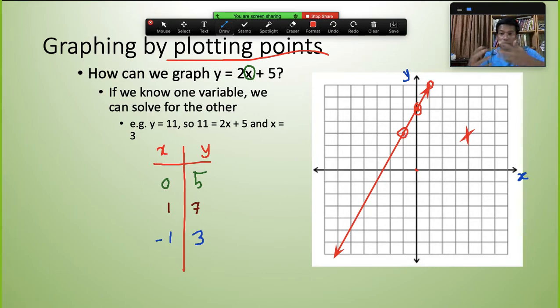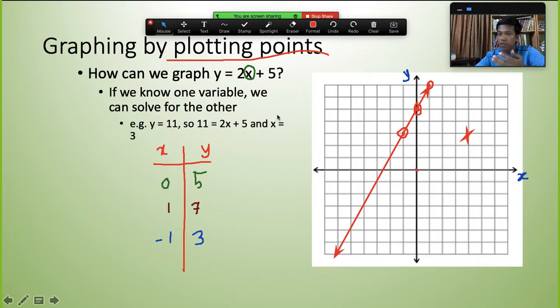If 3 points are not making a straight line, since this concept says it must be a straight line because the power of x and y is 1, 1, then it must be a straight line, but it is not. You can understand. If you don't take one more point, then you will join this point and this point, and that's a mistake. This is what happens. So 3 points is always better for the straight line.